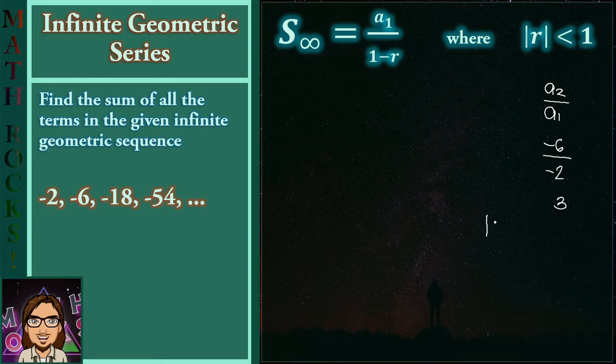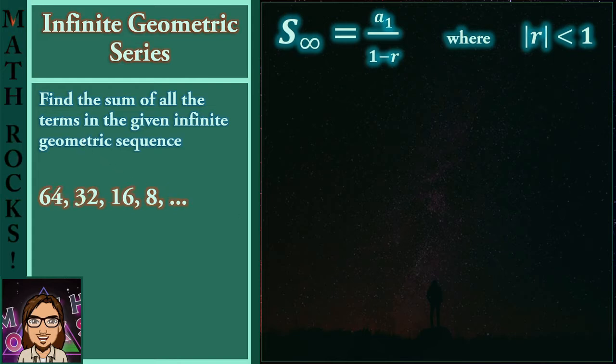Again, the absolute value of positive 3 is greater than 1. So it gives us another false statement. We cannot apply this formula for this one because this is a divergent series. Let us have the next.